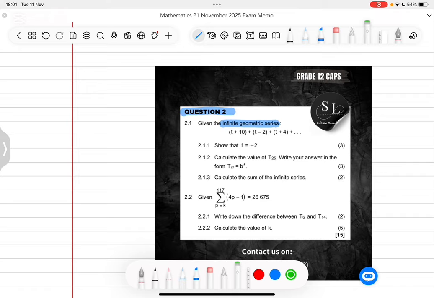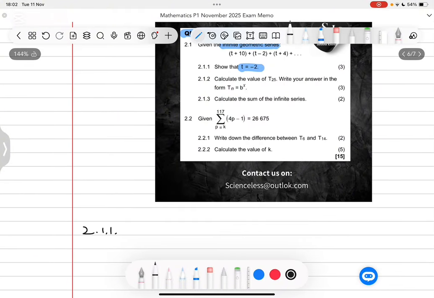And of course, it's a series because we are adding terms, and they're given in terms of a variable t. So each term there is given by the variable t. Under question 2.1.1, we are then requested to show that the value of t is really equal to -2.